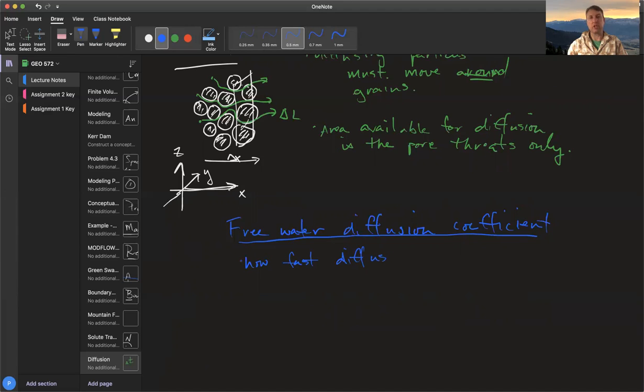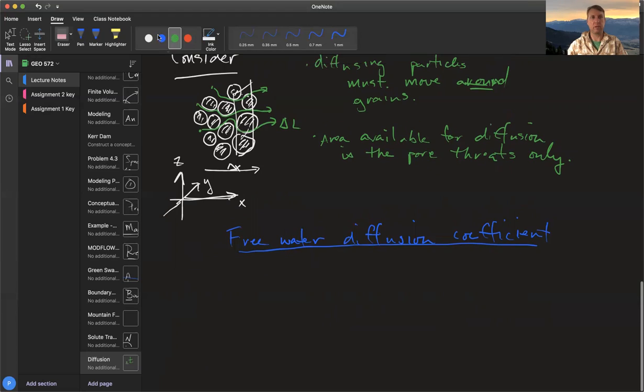It's not really the speed, but it's a measure of the ease of diffusion in water alone.